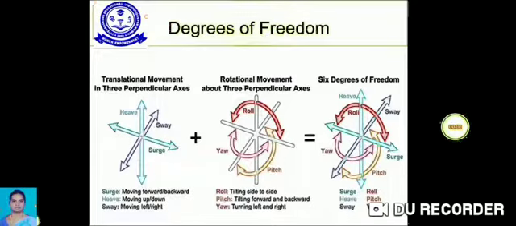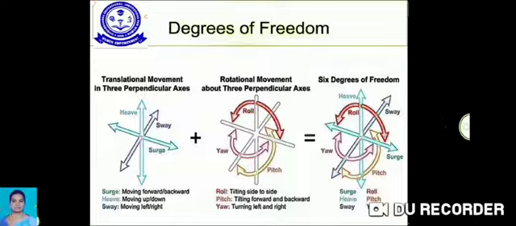In a rigid body, it has 6 degrees of freedom. That is 3 translational movements and 3 rotational movements about 3 perpendicular axes. In translational movement, surge means moving forward or backward, heave means moving up or down, sway means moving left and right.